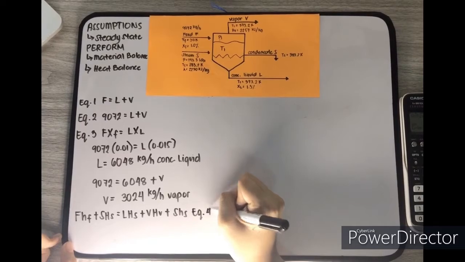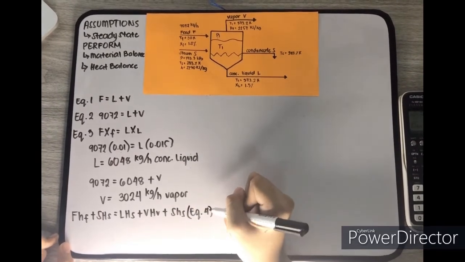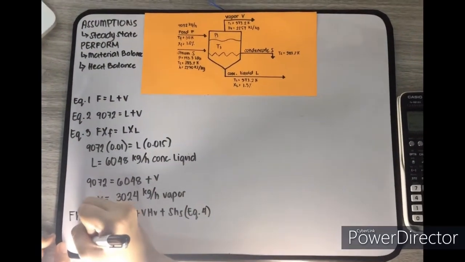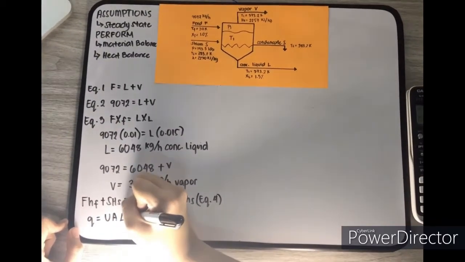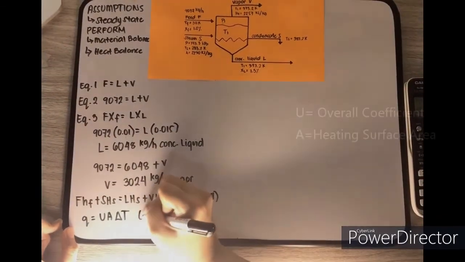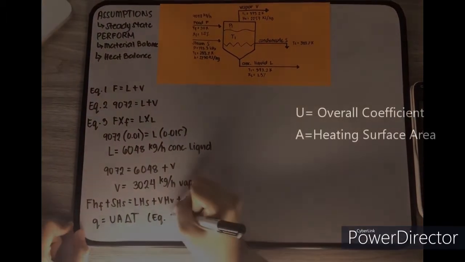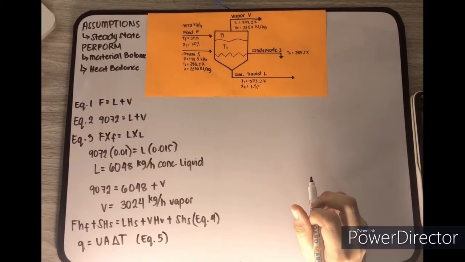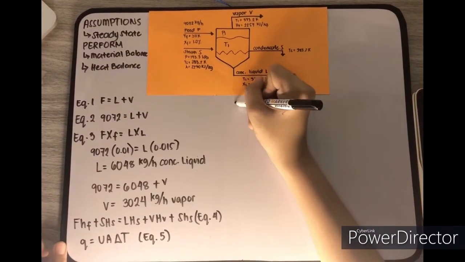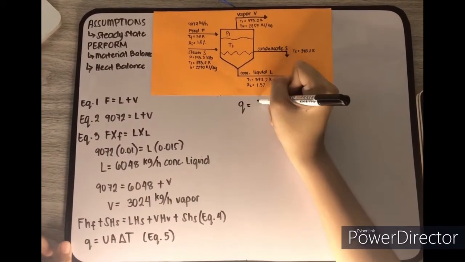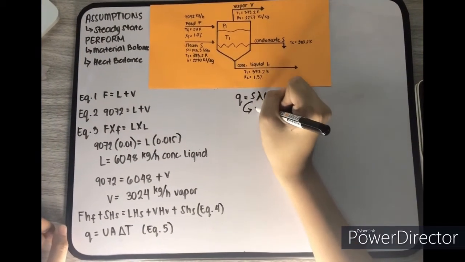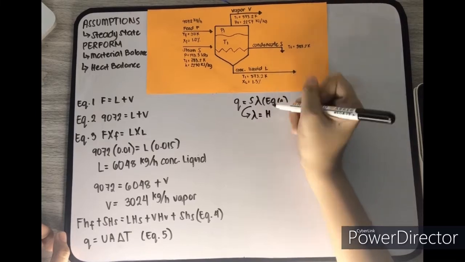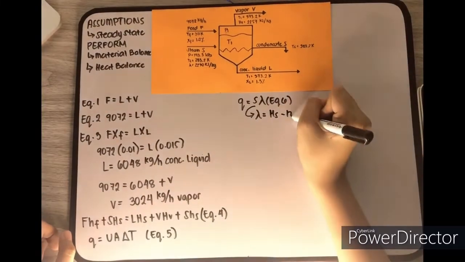Now, the basic equation for solving the capacity of a single-effect evaporator is expressed as Q is equal to U A delta T, where U is the overall coefficient, A is the heating surface area, and delta T is equal to Ts minus T1. And the heat that is transferred through the heating surface is expressed as Q is equal to S times the latent heat, in which the latent heat is equal to heat in steam minus the heat in condensed steam.